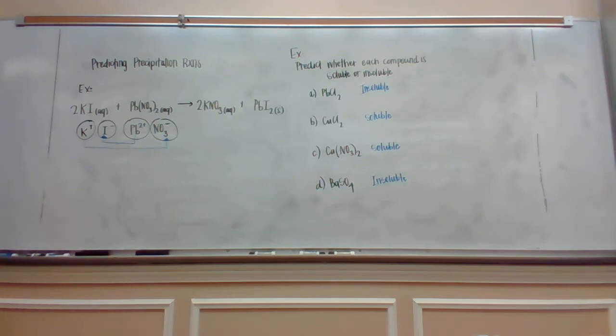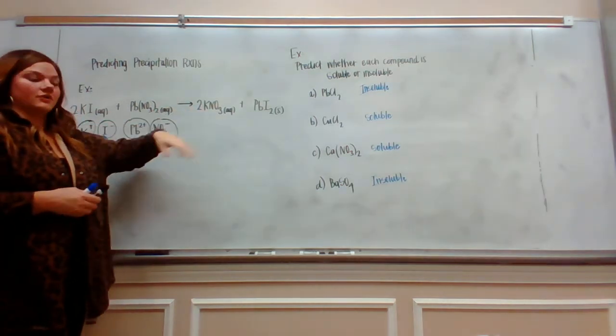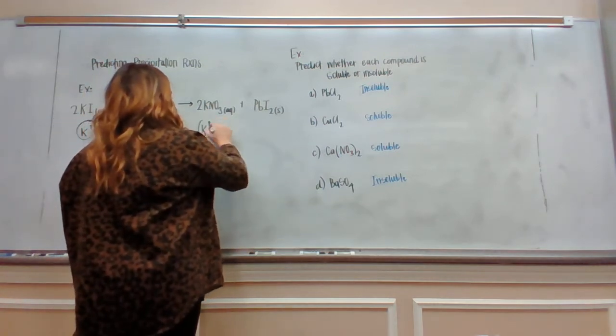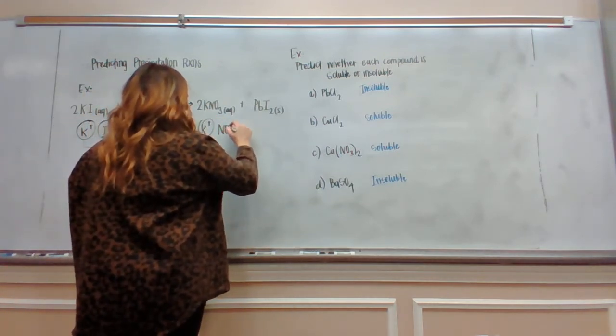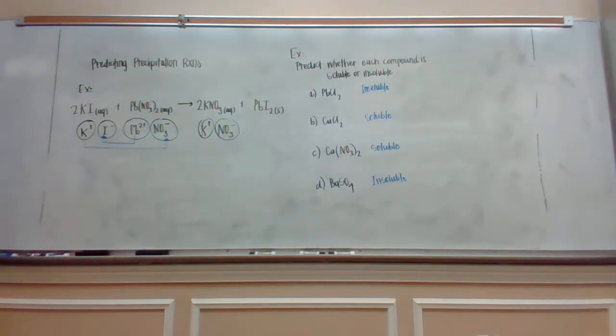When they do that, potassium nitrate, nothing really happens because it forms a soluble ionic compound. So in the reaction, it's still not really bound together. They're just hanging out.